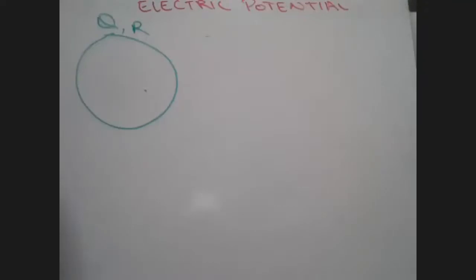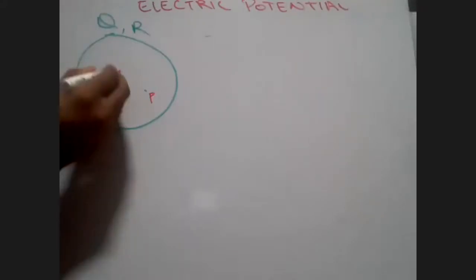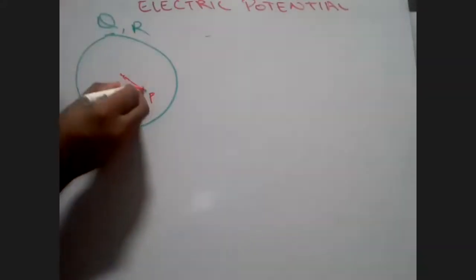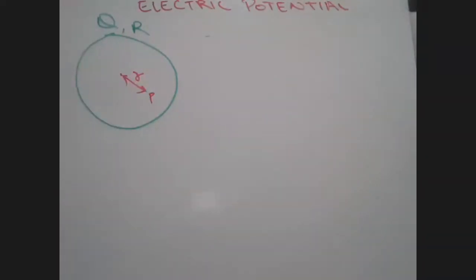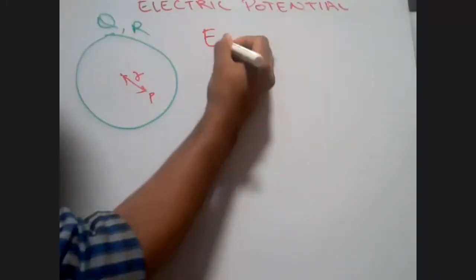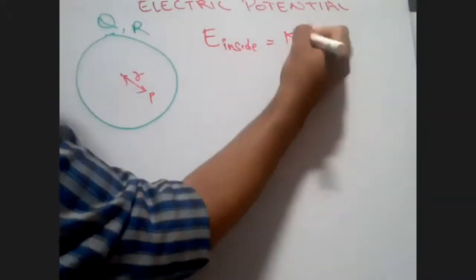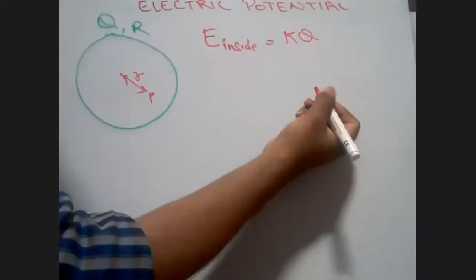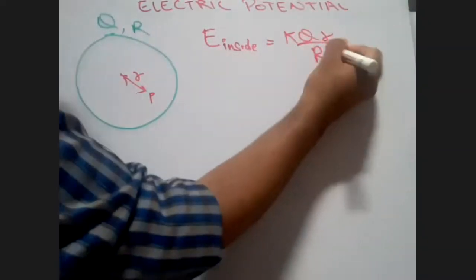I want to find the electric field intensity at a point P inside the sphere, at a distance of small r. This is 3-dimensional. So E inside the sphere is what? kQ small r upon capital R cube.